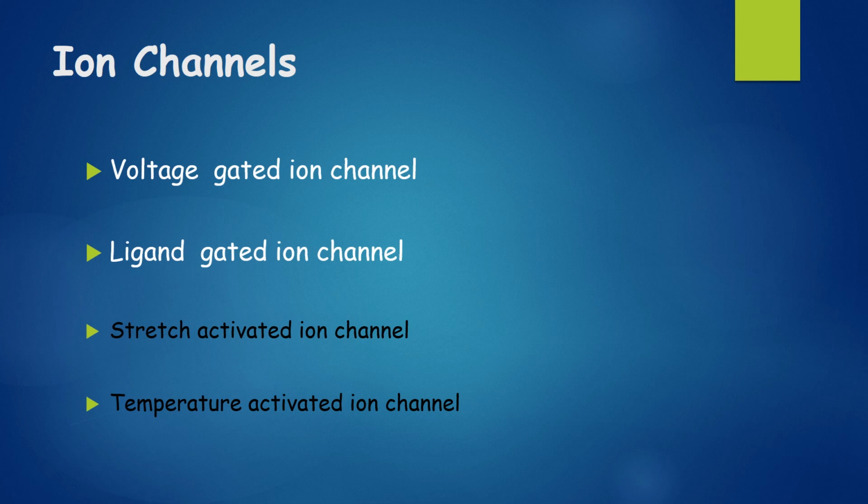In voltage gated itself there are different types, and ligand gated also has different types, but generally the common ones are voltage gated ion channel or ligand gated ion channel. Voltage gated means some difference in the voltage will make the change. Ligand means some ligand should be attached. Stretch activated means stretching of the receptor, and temperature change causes conformational change in the ion channel. So the main ones are voltage gated and ligand gated.